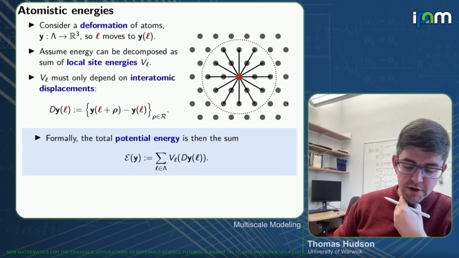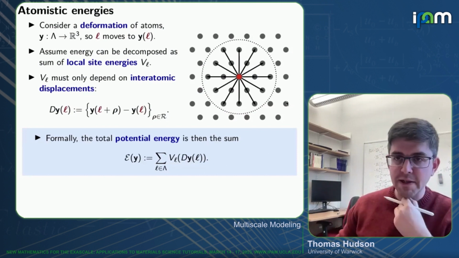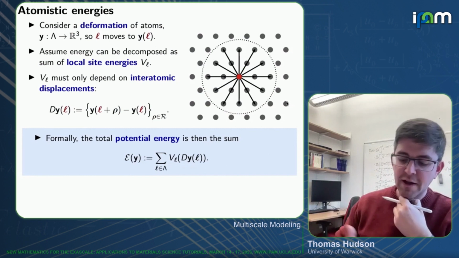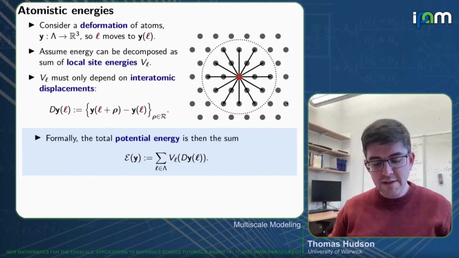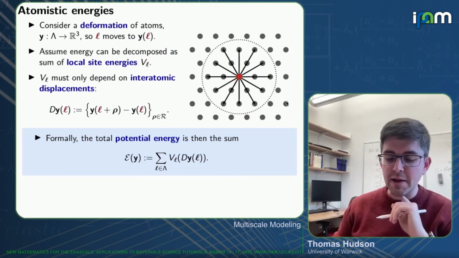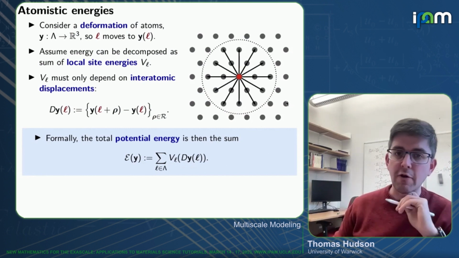So then I'm going to basically define a molecular dynamics type energy as a sum over site energies. So suppose I sum over the energy. The site energy is V_l. The site l corresponds to this red atom here, and the site energy is describing the interaction between that atom and its local environment.